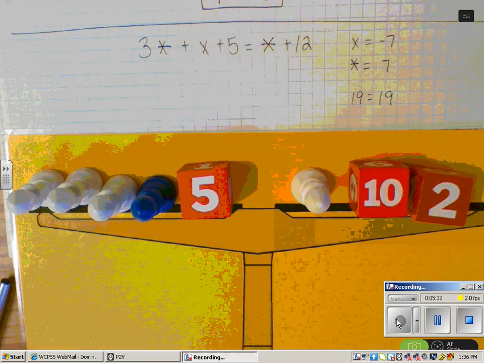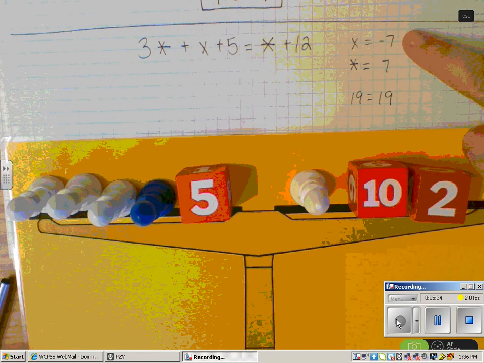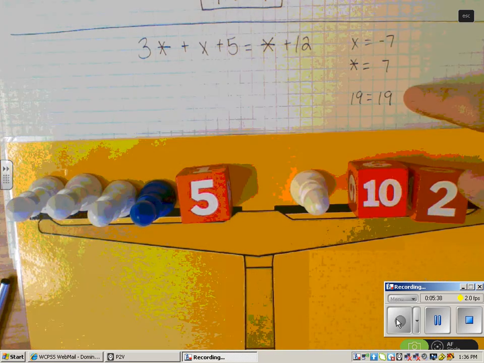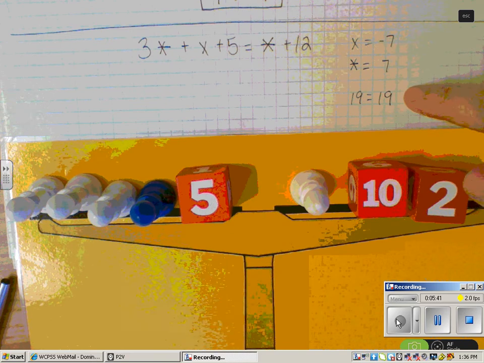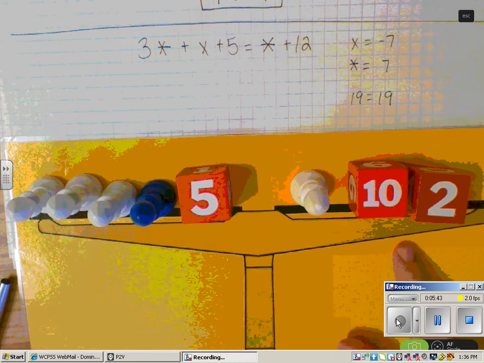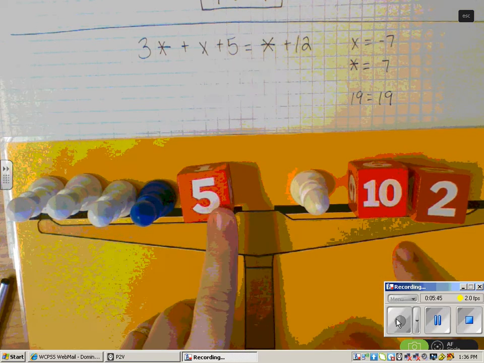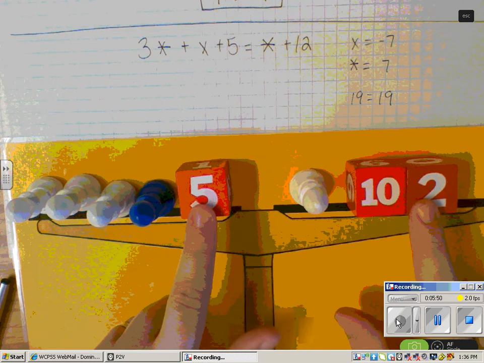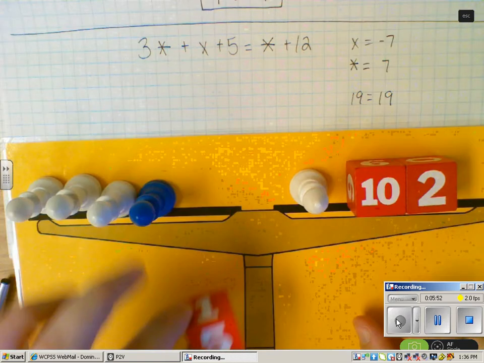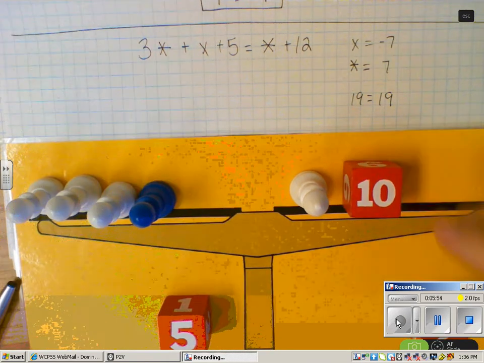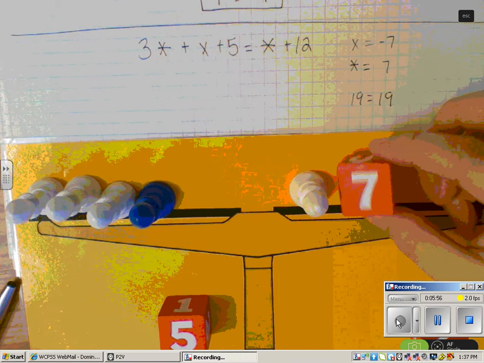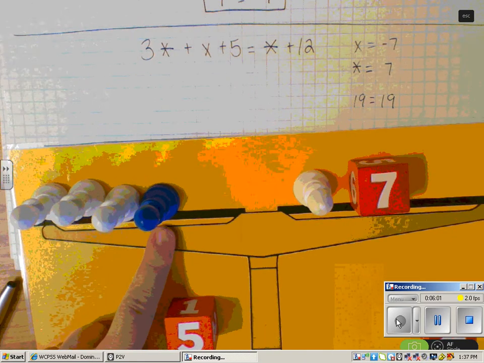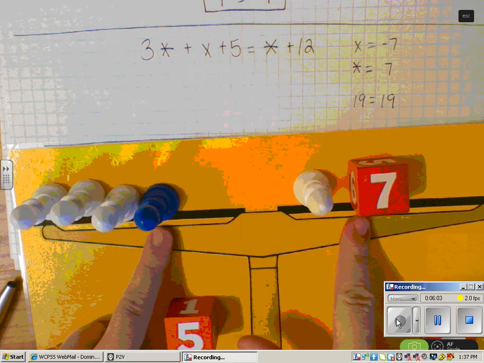Okay, so the first problem, I got x equals -7 and star is 7. And when I plugged it in, I got 19 equals 19. So here's my setup. Remember, the first thing you want to do is remove a number cube so that you have number cubes on only one side of your equation. So take away 5 over here, and you're left with 7. Now I have 3 star plus x equals star plus 7.